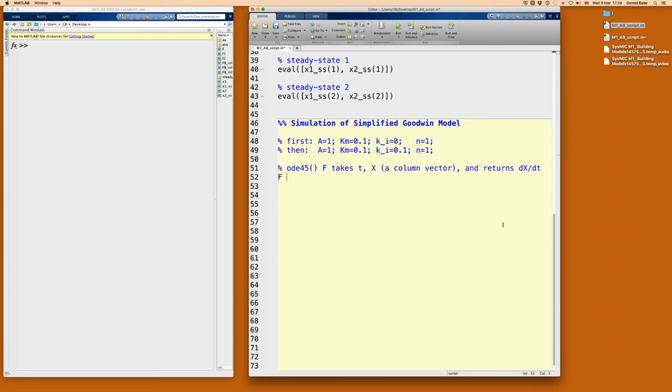So let's write that. f is equal to at t, x, and then we've written our feedback inhibition function before, so let's use that one. So that second value is going to be x2, and then the weight constants we have here, so this is the right order, so it's going to be 1, 0.1, we're told to use 0 to start with, and then n is 1.